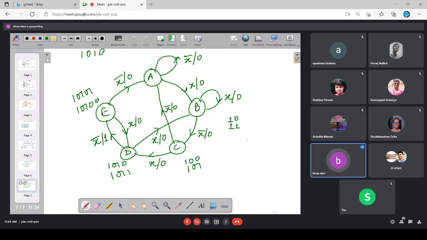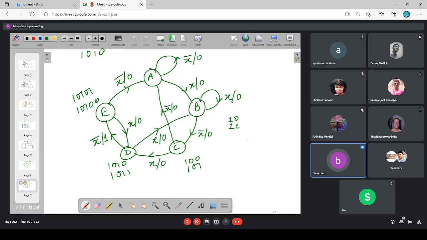But the input branches may be of any value, depending on my design or the system requirement. সো প্রবলেম ডেসক্রিপশনের উপর ডিপেন্ড করছে কতগুলো ইনপুট ব্রাঞ্চ আসতে পারে, একটা স্টেটে কতগুলো স্টেট থেকে আসতে পারে। So that totally depends upon the system requirement.